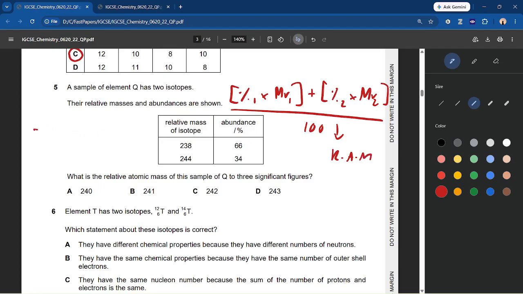So this one will be 238 times 66 plus 244 times 34, and then you divide all of this by 100, and you're going to get a nice clean answer of 230.